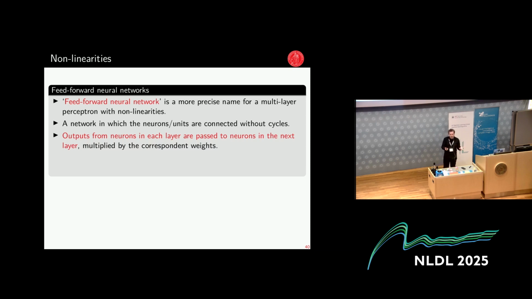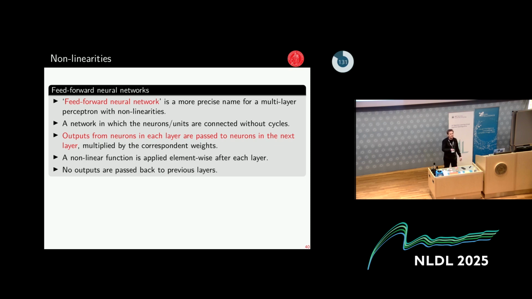Which makes it very simple, because basically every next layer is just a multiplication of a vector by a matrix, and that's it. Some neural architectures are not fully connected, not feed-forward, so some do use cycles, etc., but we're not talking about these architectures today.